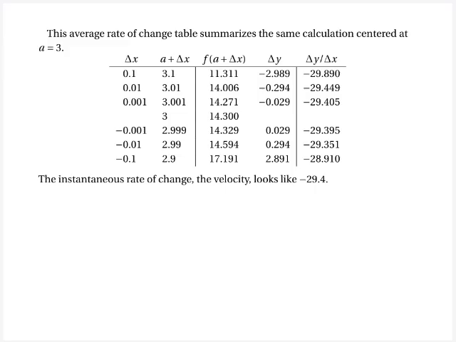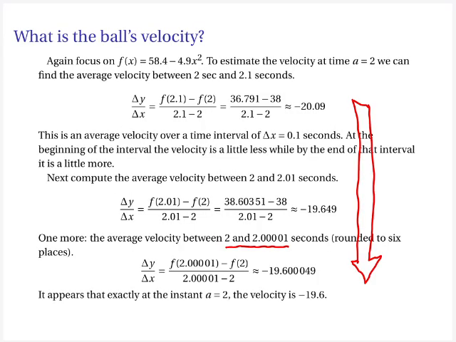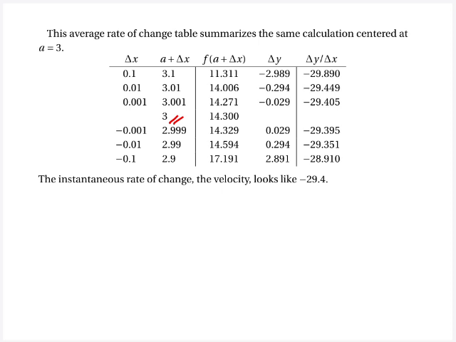I want to organize all this into a table instead of a bunch of words slapped on the page. I'm looking at the exact same formula, but now at time 3, and there's f of 3.